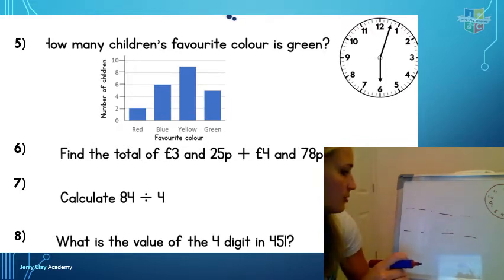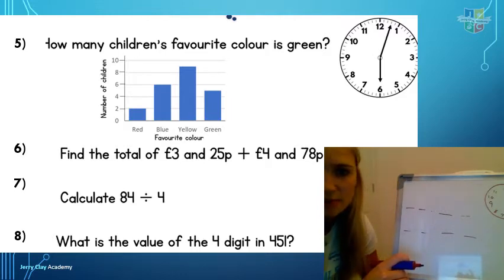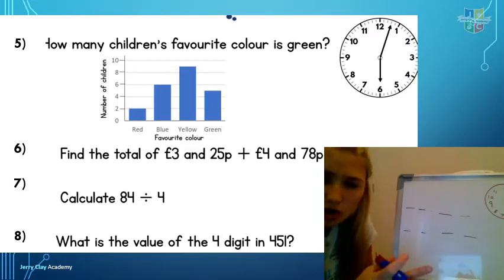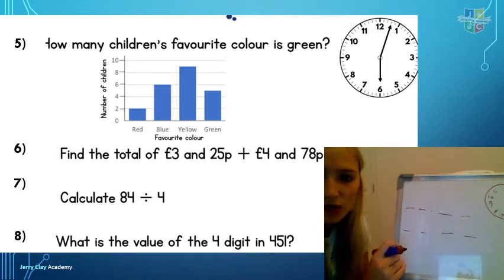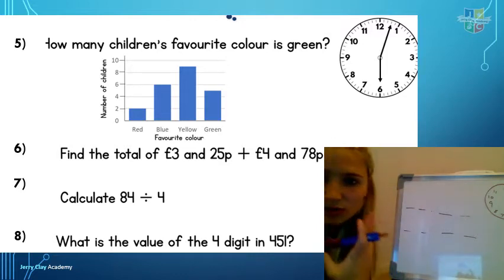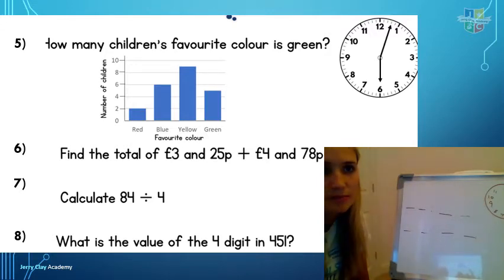So think about how you're going to work that one out. For number 7, you are calculating 84 divided by 4, thinking about those numbers there, thinking if there's a quicker way, or alternatively using the method we used the other day. And for number 8, what is the value of the 4 in this number? And you can also tell me what the 5 and the 1 would represent as well as your bonus points.